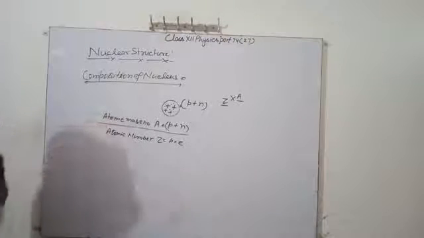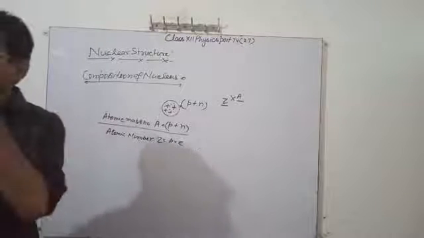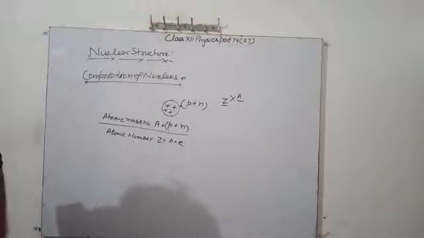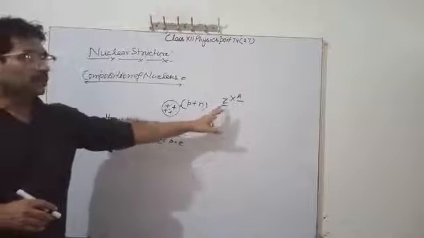In the periodic table, the position of an element is determined by the atomic number Z.